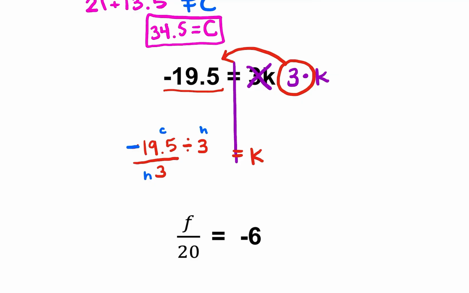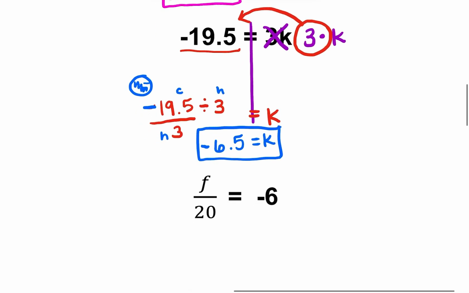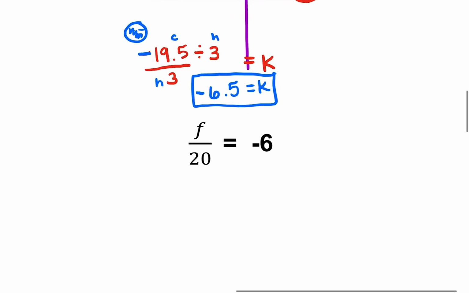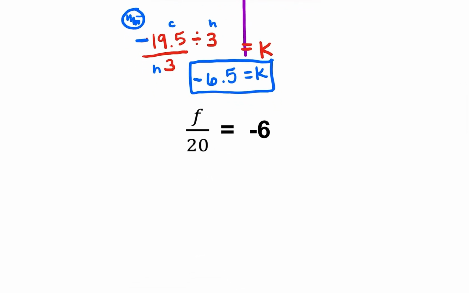So if we did that division, we have a negative, and our strategy would be integer man. So I have a negative and a positive. So my answer would be negative, and then I already did that division for you. It is 6.5. So K equals negative 6.5. Obviously, if you can't do that division in your head, which we can't, you would do long division, but I just did it to save time.